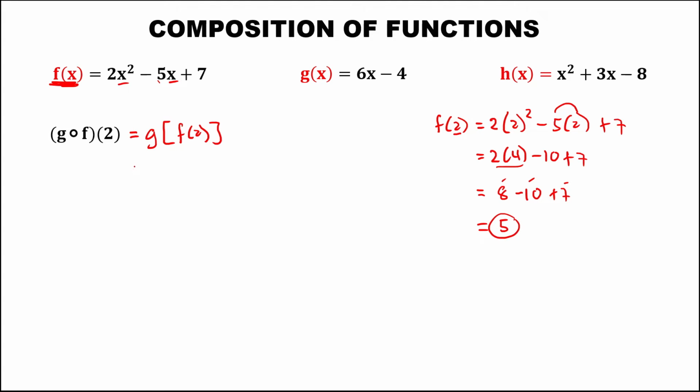So therefore, g of f of 2 is equal to g of 5, because f of 2 is equal to 5. Then to find the value from g of x, x is equal to 5. So this becomes 6 times 5, then minus 4.